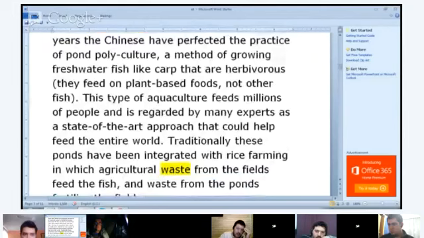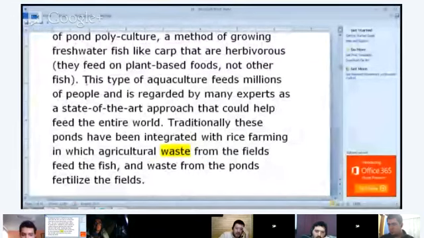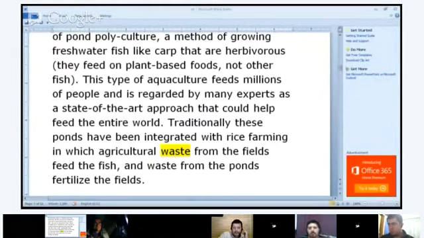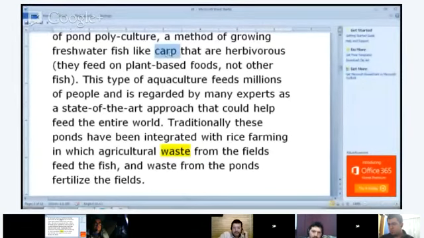Okay? And what kind of fish do they raise? What kind of fish do they farm? Carp. They are farming catfish. Okay, yeah. Now, is carp the same as catfish? Not the same. Okay, Geoff, but they might be similar. Same family, maybe.